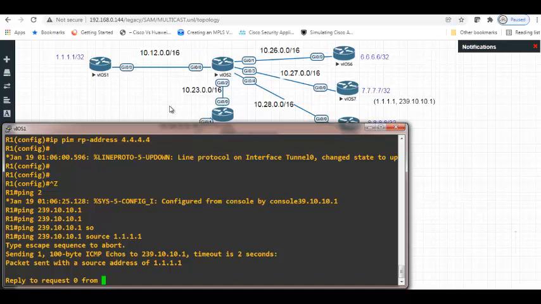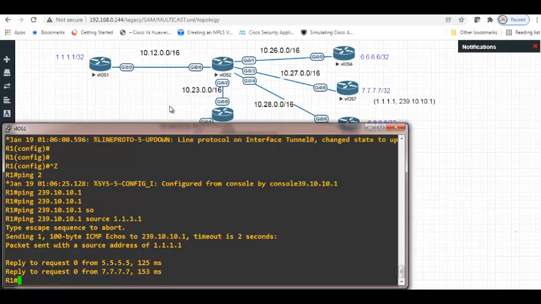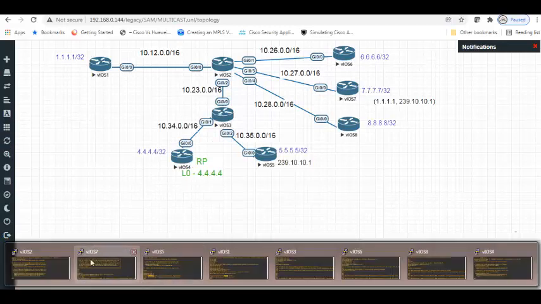And all the routers in the path will change their incoming interface towards router 1. And now you will see the flooding won't happen to routers 6 and 8. See, the response came only from 5 and 7. No others. Now let us go to router 2 first.